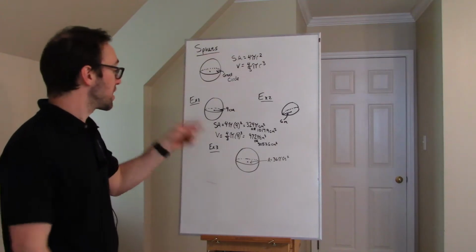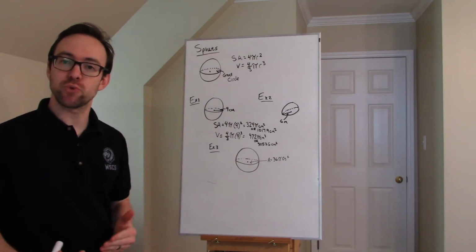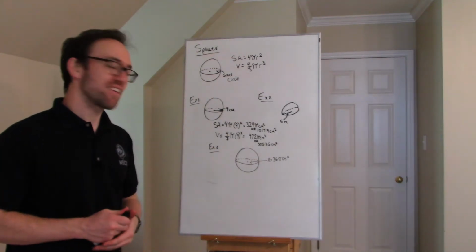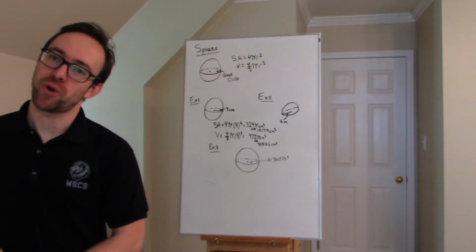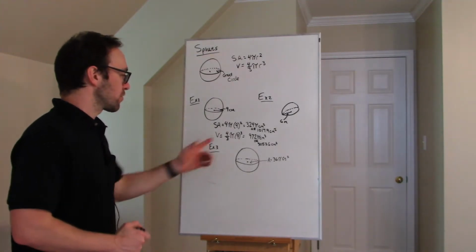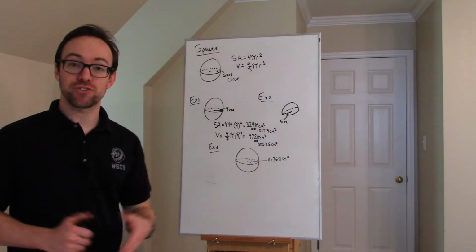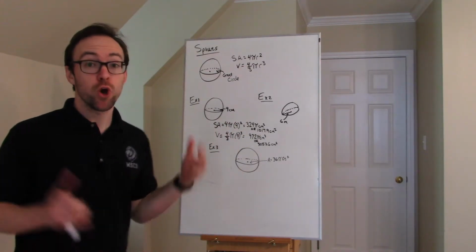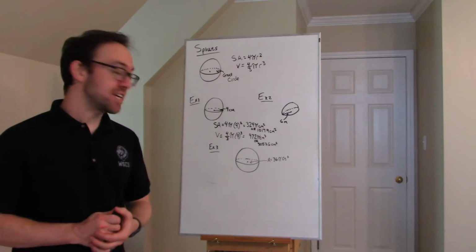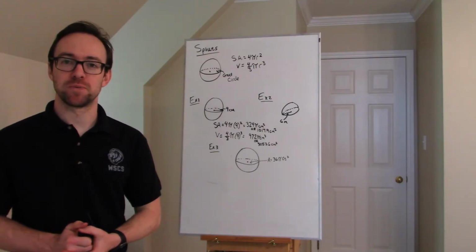So for the surface area, you would get 324 pi centimeters squared or 1017.9 centimeters squared. For the volume of this sphere, you would get 972 pi centimeters cubed or 3053.6 centimeters cubed.